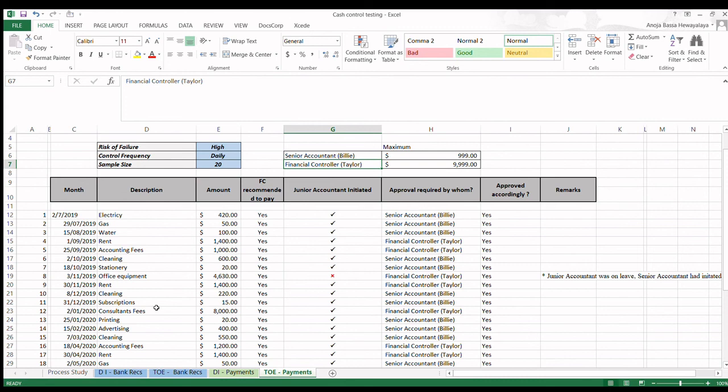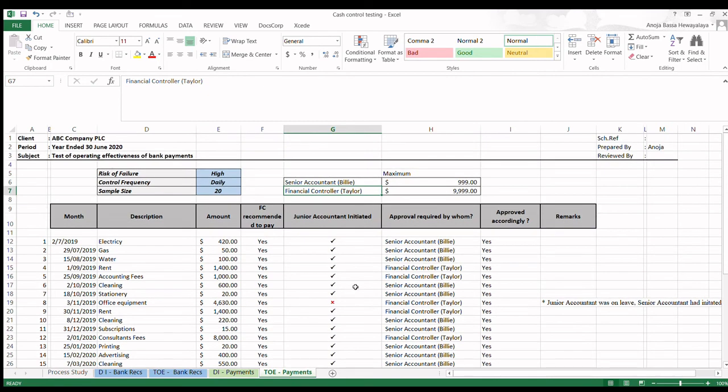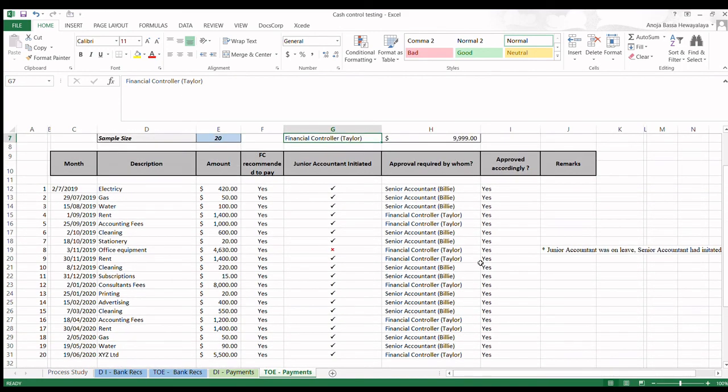We have not come across any transaction above 10,000, so I didn't test that control here. But now you see, in November, this transaction has not been initiated by the junior accountant. The reason is the junior accountant was on leave. I had mentioned it in my process study.